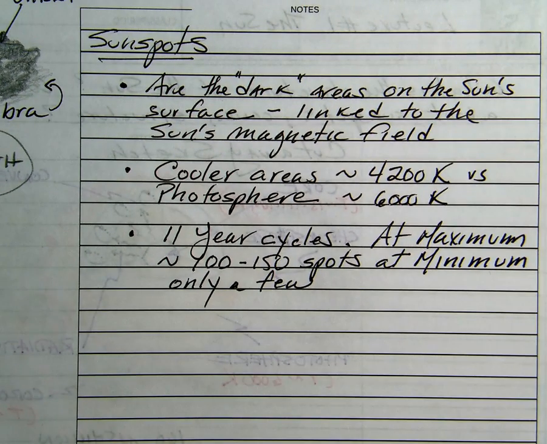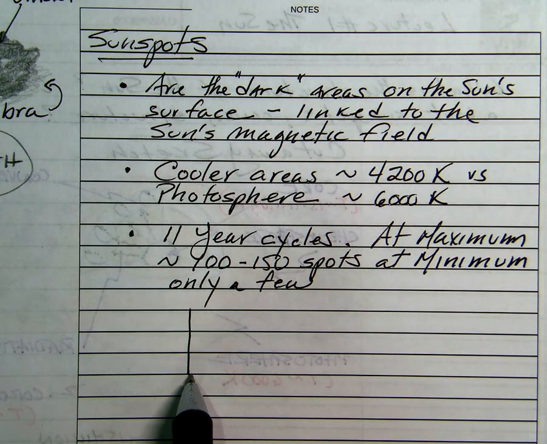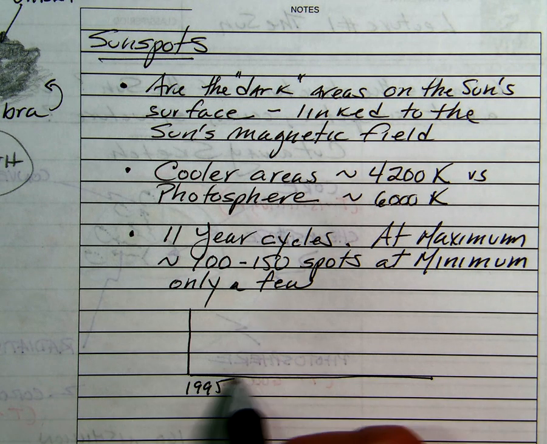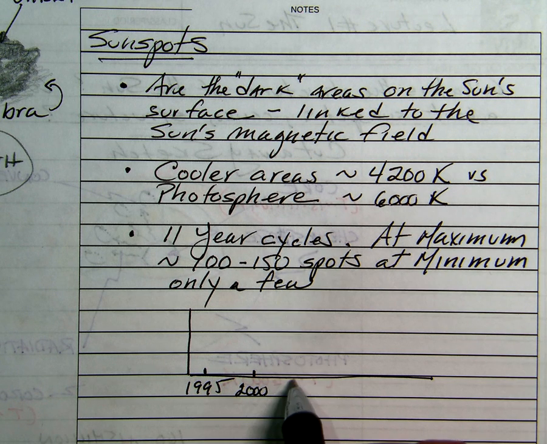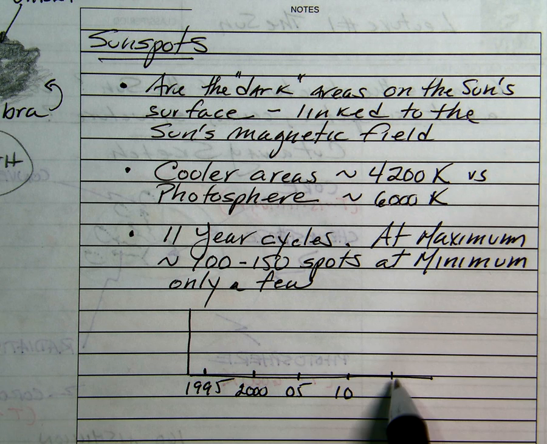Okay? So the 11-year cycle, if you were to draw it in this case, I'm going to go from 1995 and let's draw 2000. Let's do 2005, 2010, 2015, and the predictive in 2020.